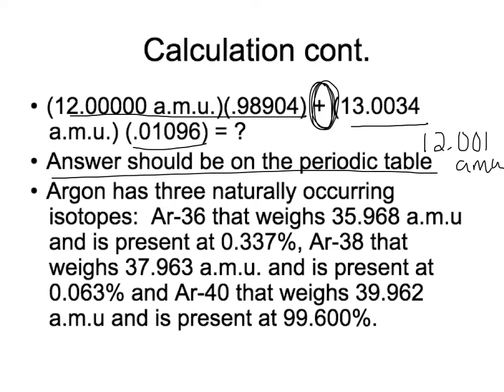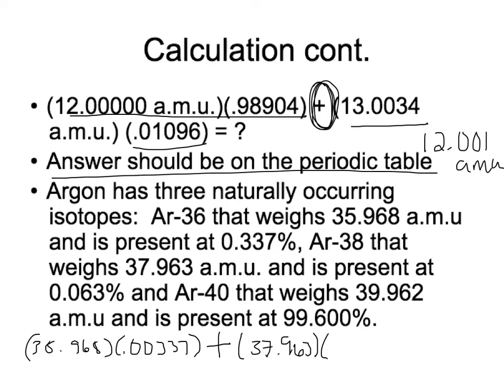All right, so for this one, for argon, I'm going to take 35.968 and multiply it by 0.00337, plus I'm going to take the next isotope's weight, 37.963, and multiply it by its abundance, which is pretty little. Okay, be careful you're doing that correctly.